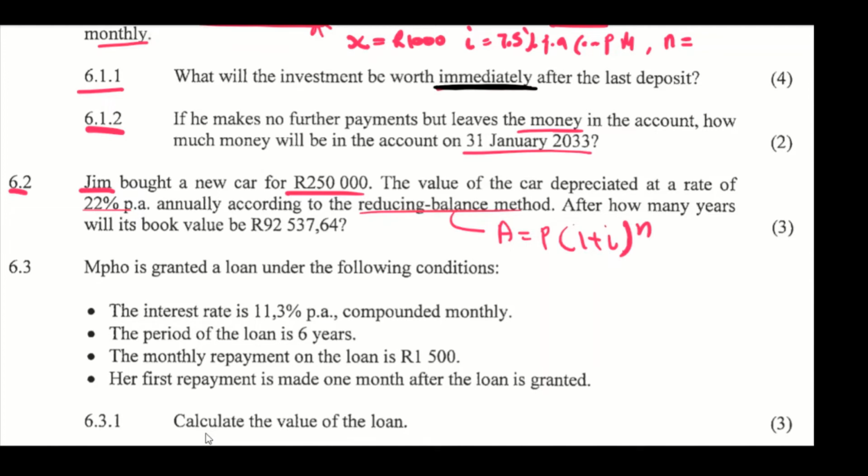So always remember: reducing balance, compound formula. And if we're talking of a straight line, we're talking of the simple interest formula. So don't forget that.